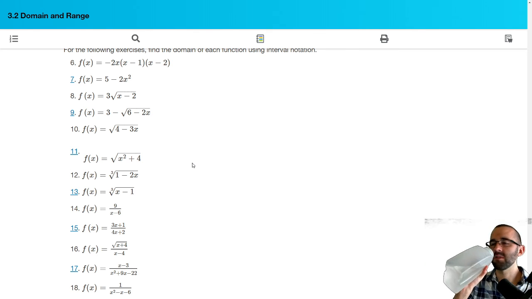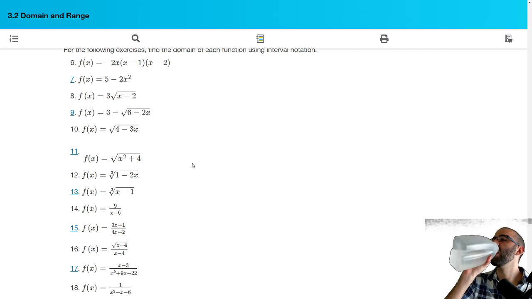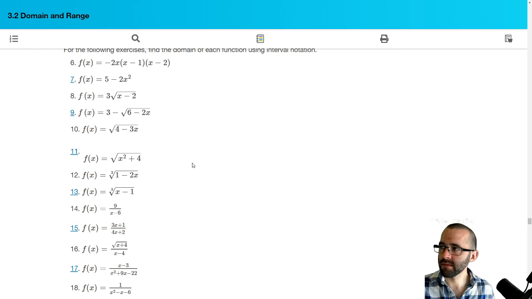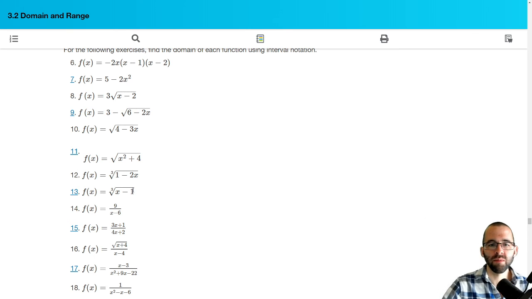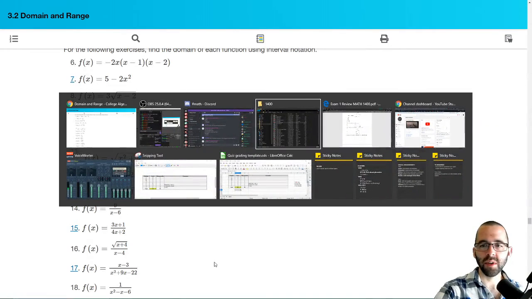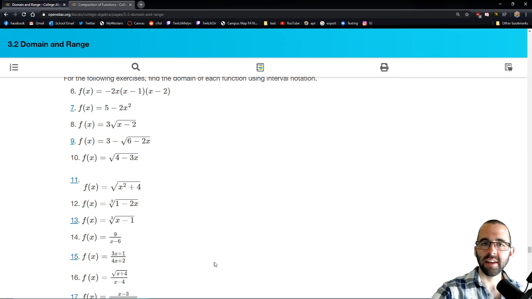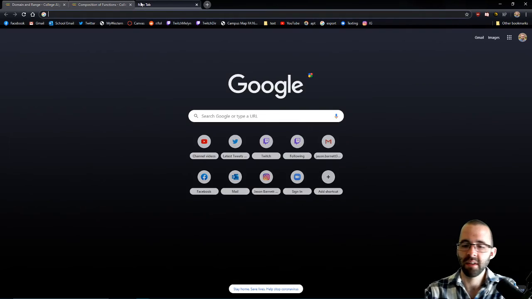Other questions or follow-up questions? Yeah, 13 is a cubed root function. Remember what cubed root functions look like, right?